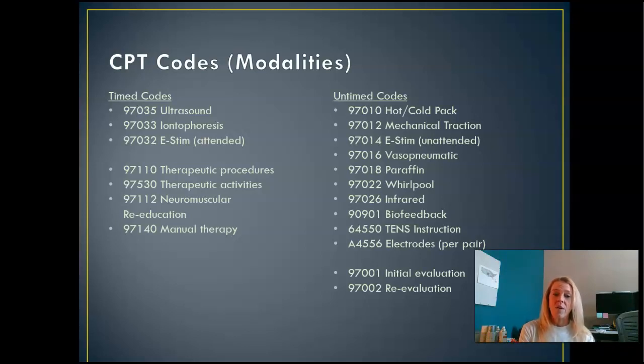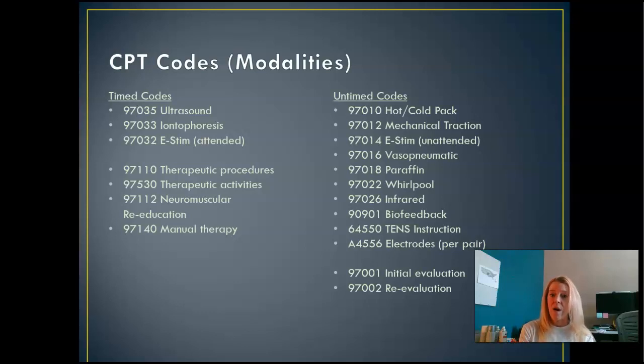Then most of your other codes, therapeutic procedures, which is also therapeutic exercise, 97110, therapeutic activities, neuromuscular reeducation, manual therapy. Again, these are services that are assumed that the PT or the PTA is working directly with the patient for those times that are being billed for.